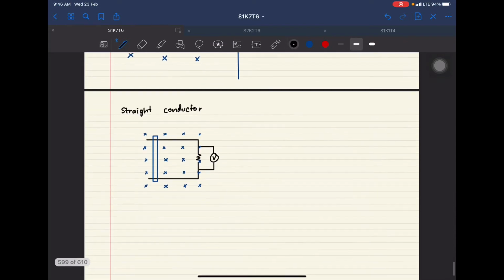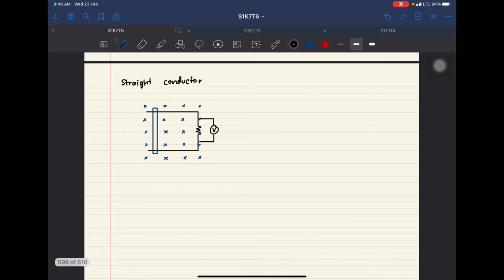Okay, the next case is for a straight conductor moving across a magnetic field. So for example, if I have my magnetic field going into the page like that, it's a constant B, and this one is basically a straight conductor that moves across the magnetic field.